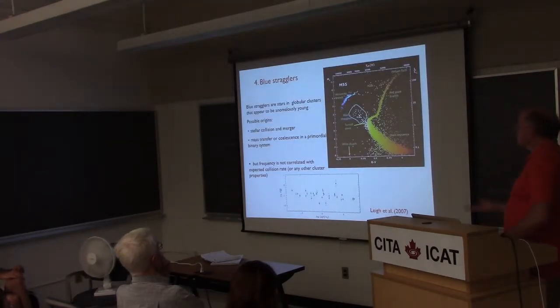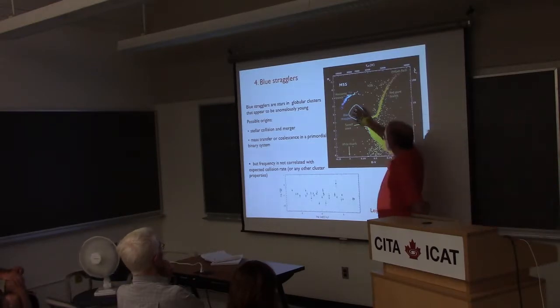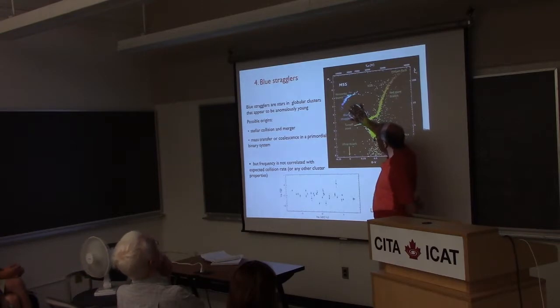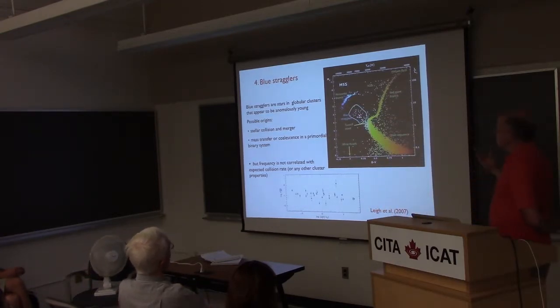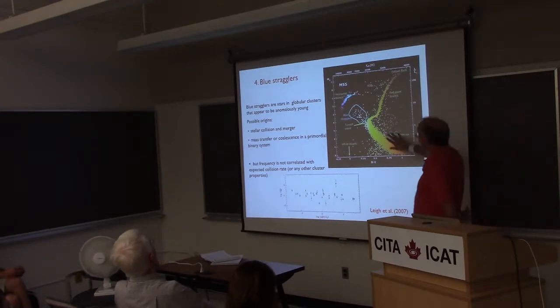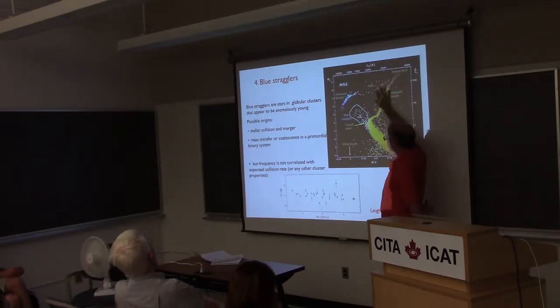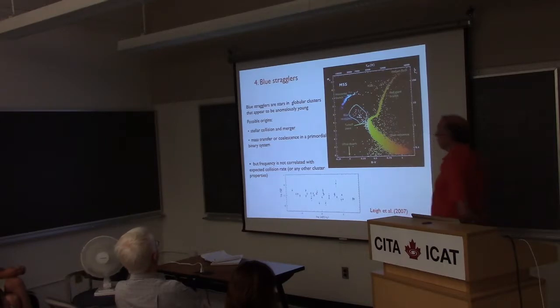Blue stragglers, Hagai knows much more about this than I do. These are objects that are found in clusters beyond the turnoff point in the main sequence. So they're anomalously young because they should have evolved off the main sequence already.